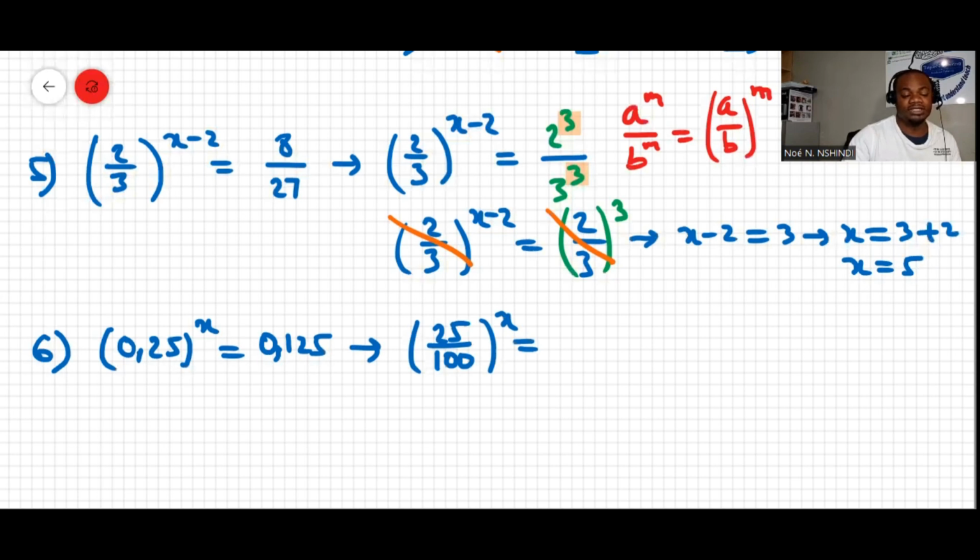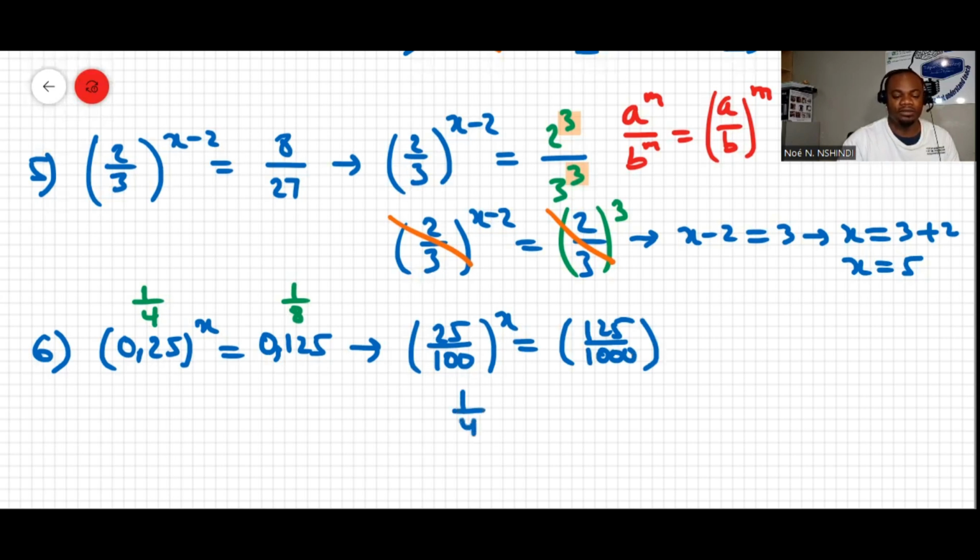You can see that this is a quarter. And then this is also 1 over 8. But in case you don't see it immediately as I do, you can first write 125 over 1000, and then simplify.